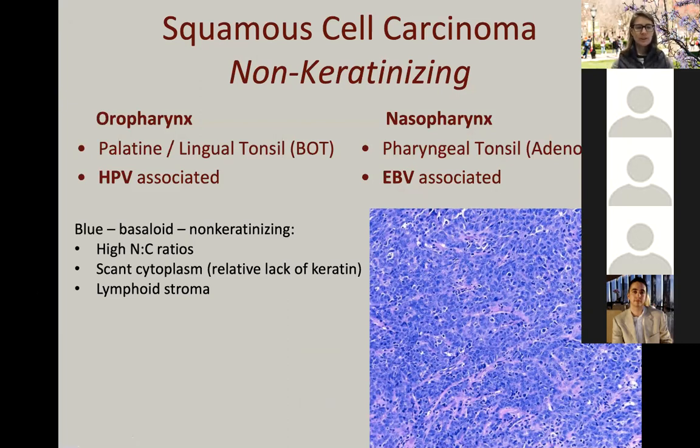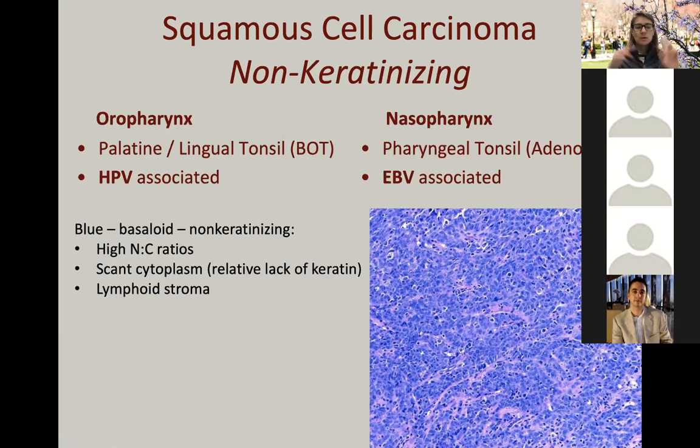The oropharyngeal cancers are those of the base of tongue and the palatine tonsil, and the nasopharyngeal carcinomas arise in the pharyngeal tonsil or the adenoids. Oropharyngeal carcinomas tend to be associated with HPV, human papillomavirus, and nasopharyngeal, of course, with EBV, Epstein-Barr virus.